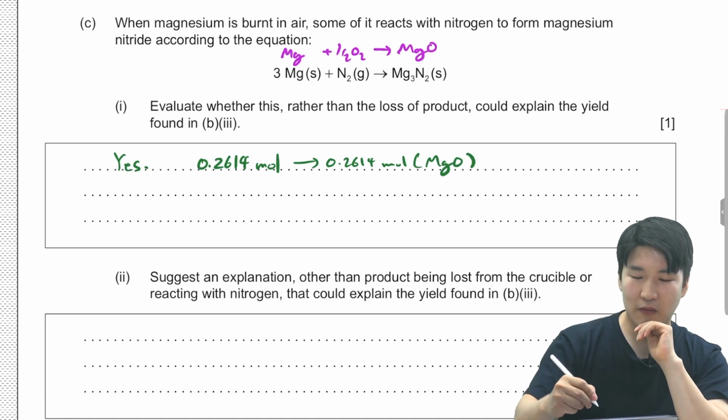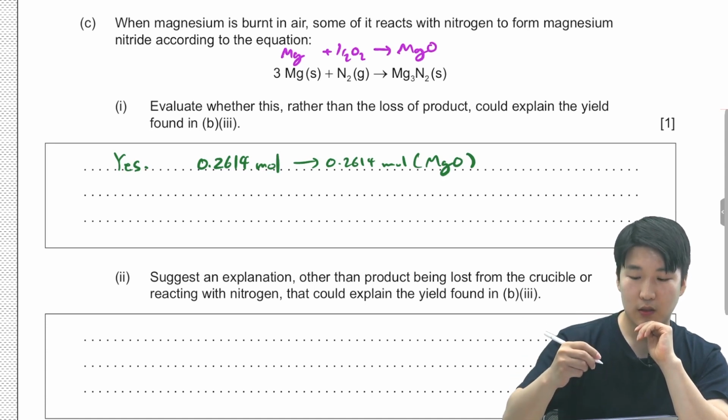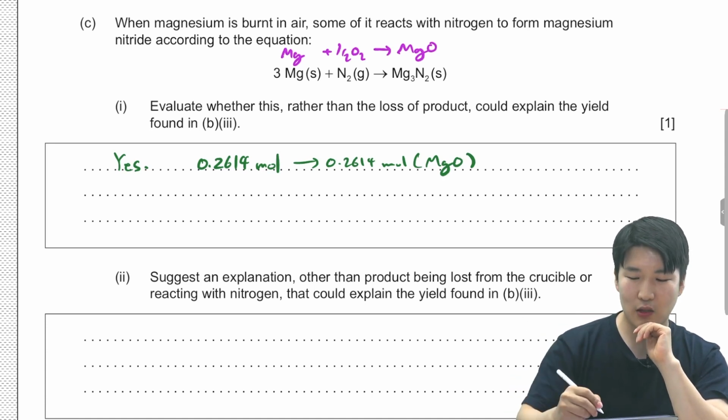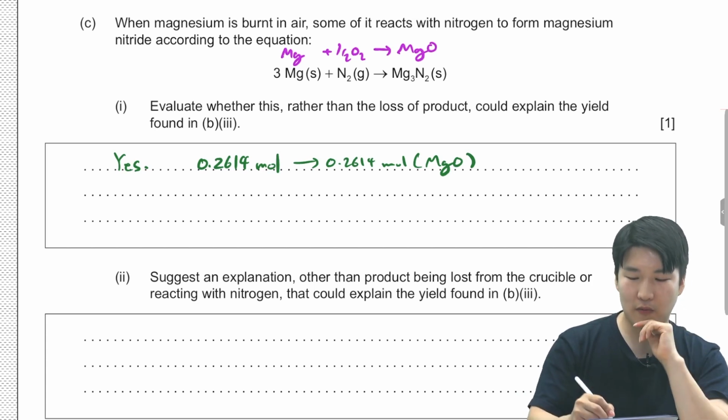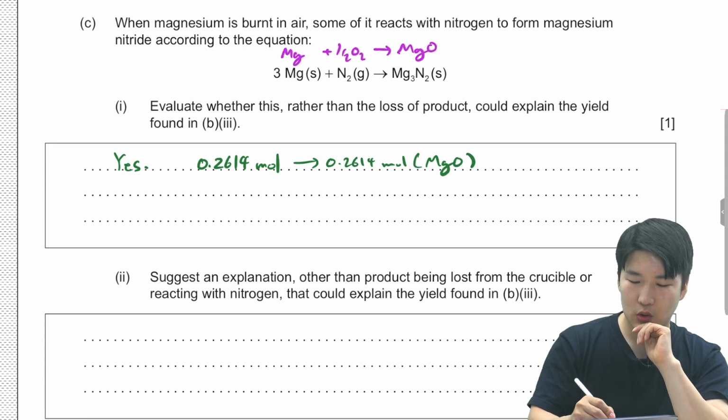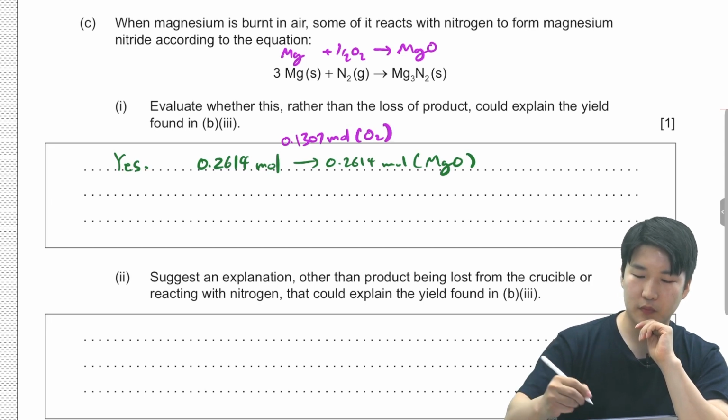But if we reacted with nitrogen instead, let me specify, we've used 0.1307 mole of oxygen.